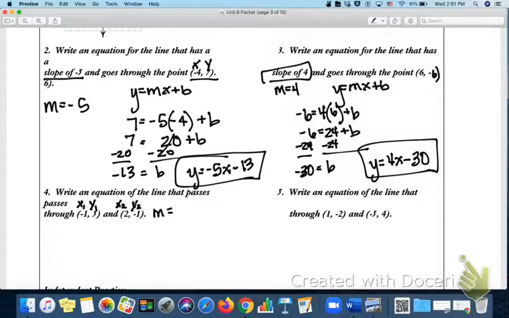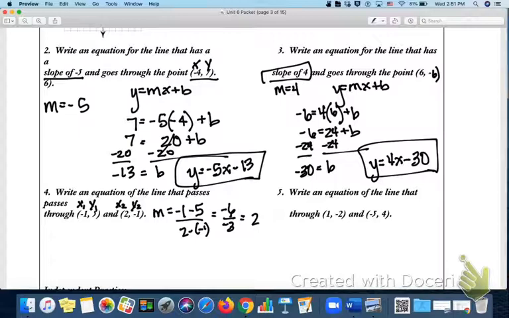I'm going to label my first ordered pair as x1, y1, and the second ordered pair as x2 and y2. I'm going to substitute those values in. y2, negative 1, minus y1, 5, divided by 2 minus negative 1. When I simplify that, I'm going to get negative 6 over positive 3. And I'm going to simplify that to be negative 2.